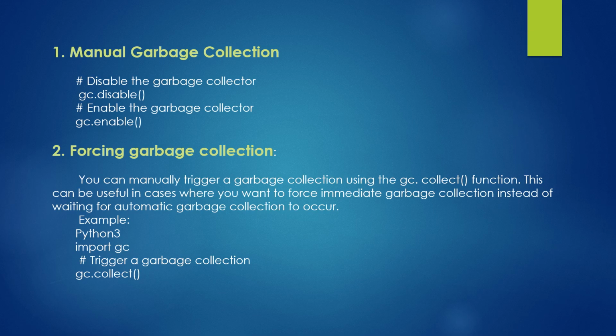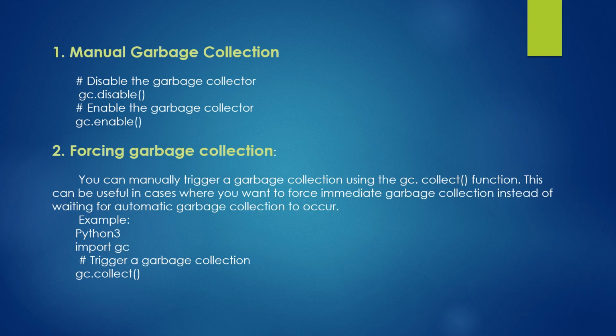There are four types of garbage collection in Python. The first one is manual garbage collection. gc.disable() disables the garbage collector, and gc.enable() enables the garbage collector. The second one is forcing garbage collection.